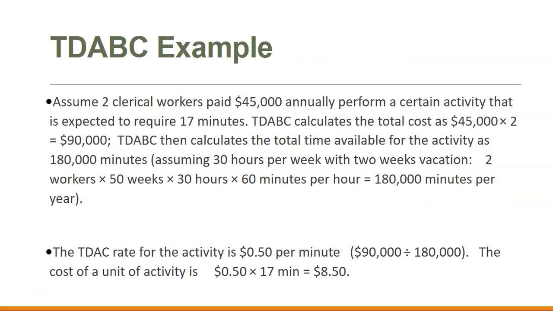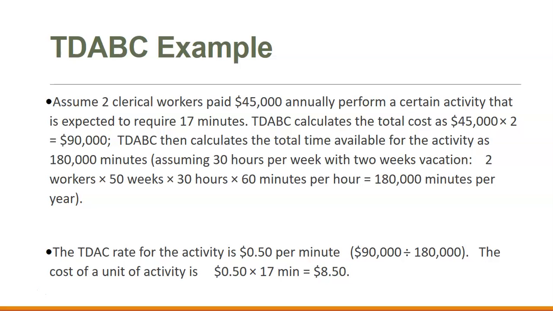In this example, we have two workers who are paid $45,000 annually to perform an activity that is expected to require 17 minutes. We calculate their total cost as 45,000, their salary, times 2 employees, which gives us a total cost of $90,000. We then calculate that the total time available is 180,000 minutes.